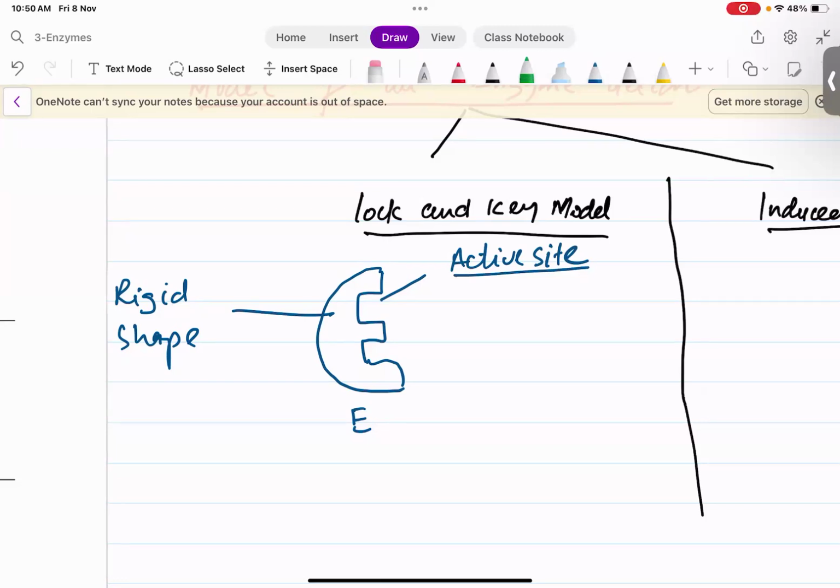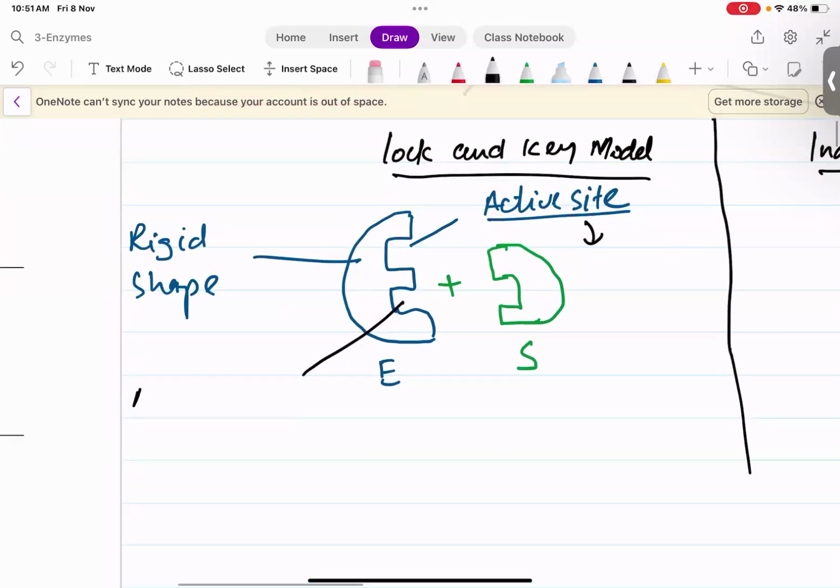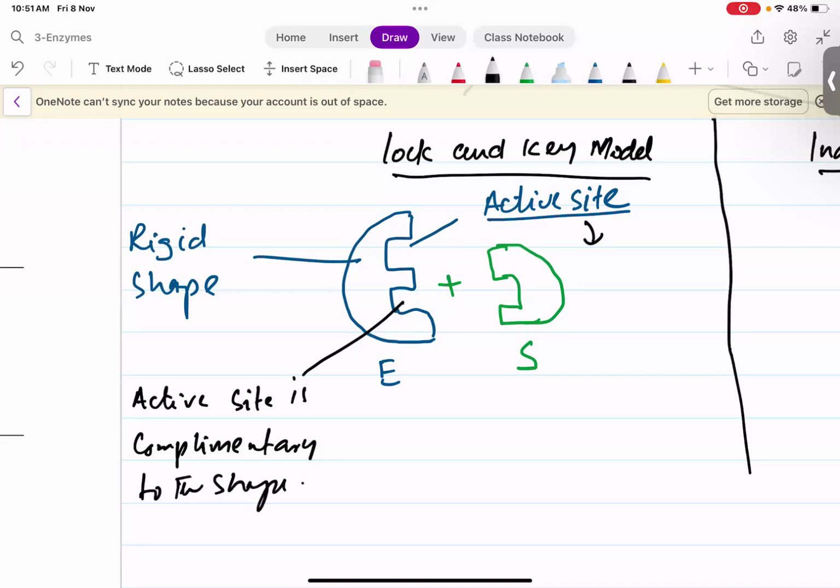So if this is, for example, a substrate molecule, the shape of an active site is complementary to the shape of a substrate.